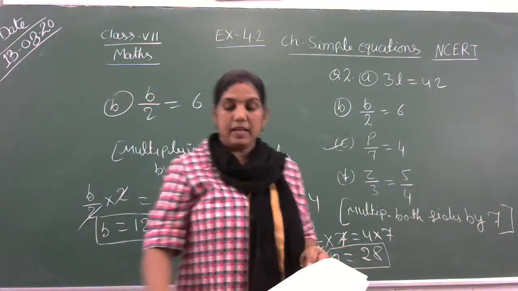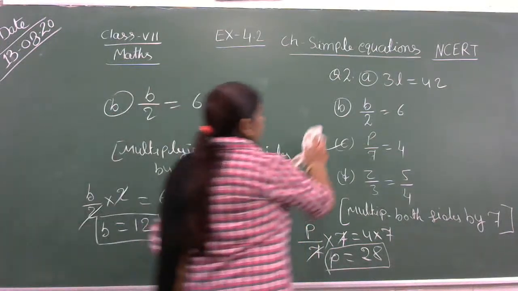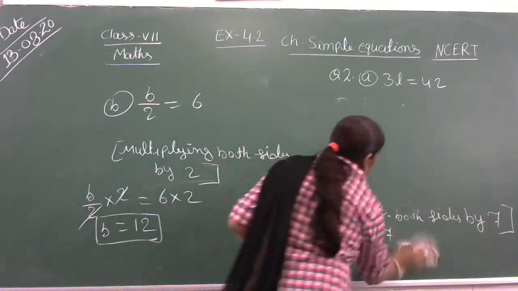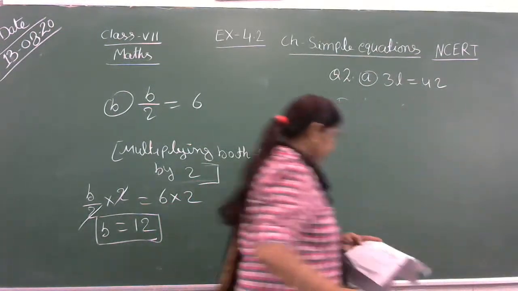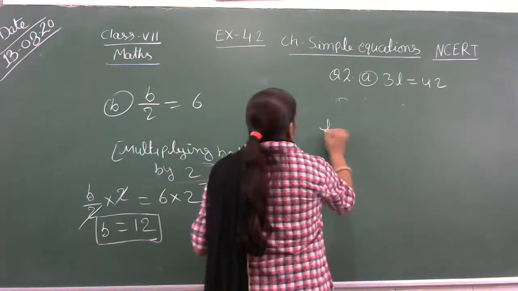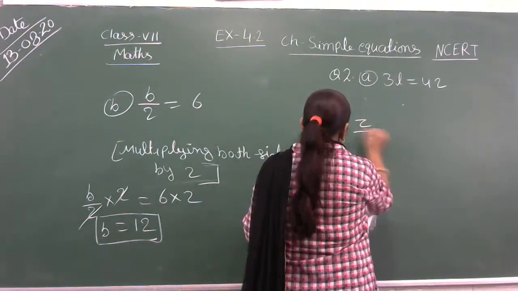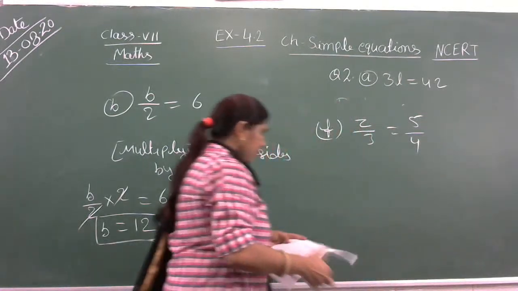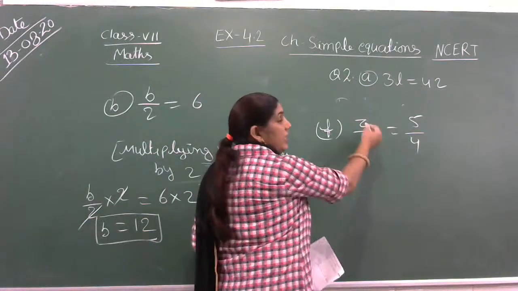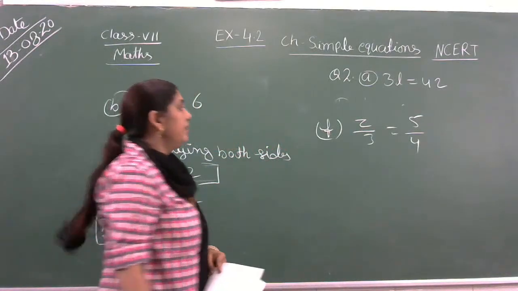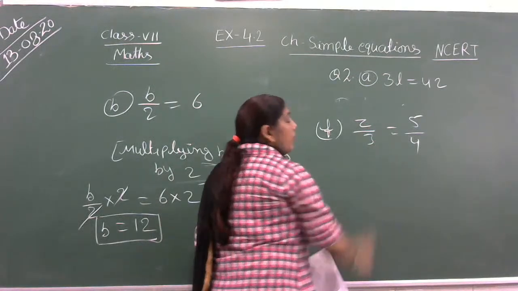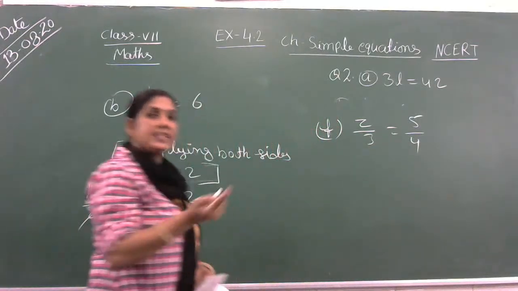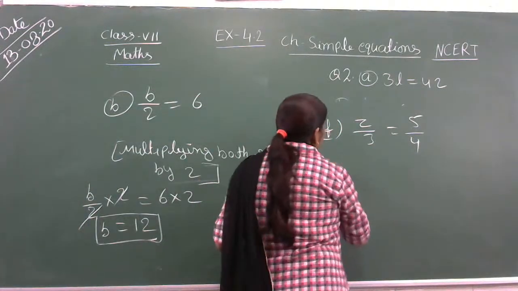Similarly, I am solving one or two more parts. Part F: z upon 3 equals 5 upon 4. Here also given is a division, a fraction z upon 3. Then what will you do? Definitely you will multiply, because you have to cancel the 3.